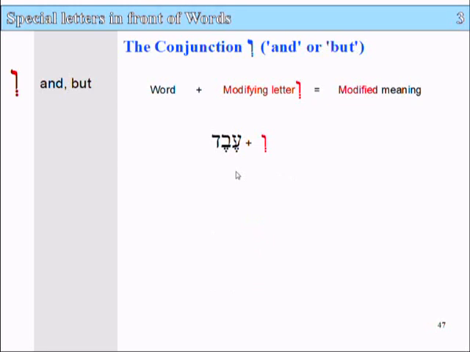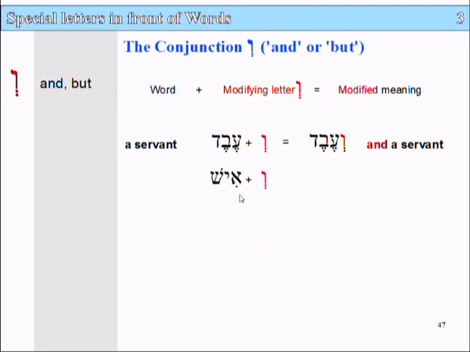For example, the word for servant, eved, when we add the vav, means and a servant. A servant, the eved, and a servant.